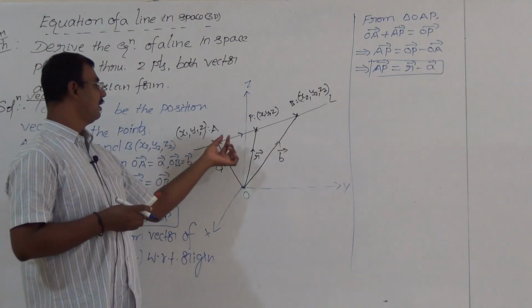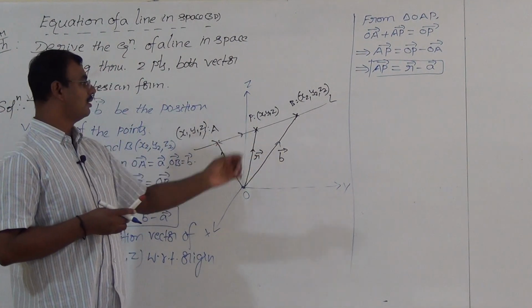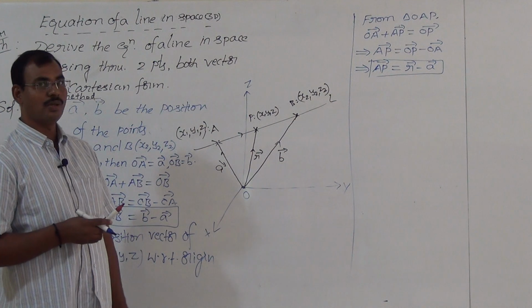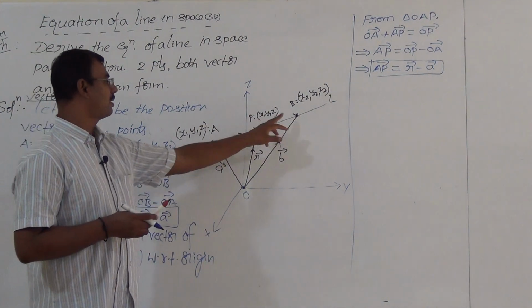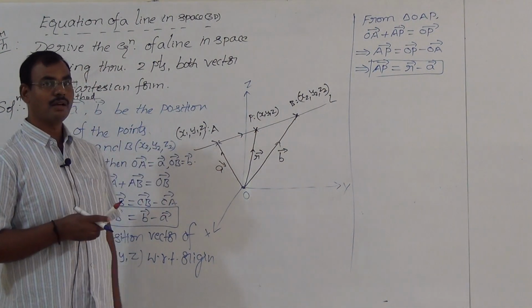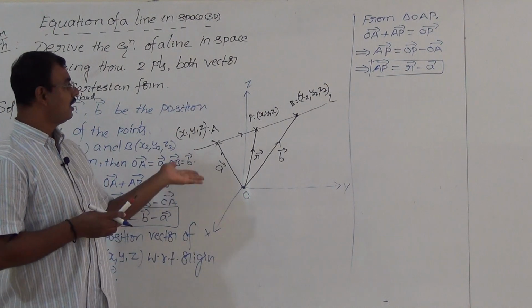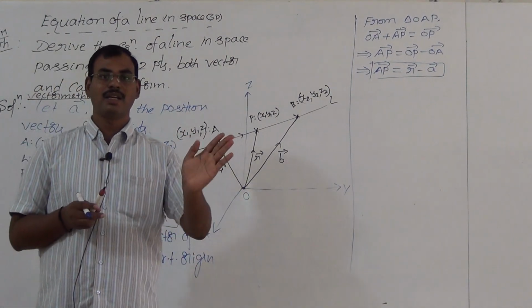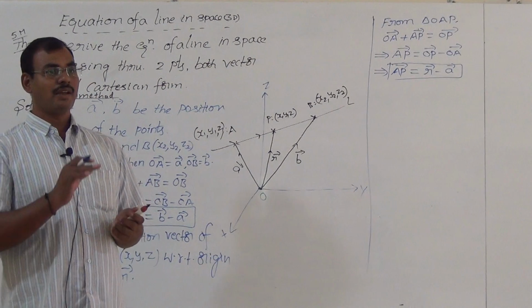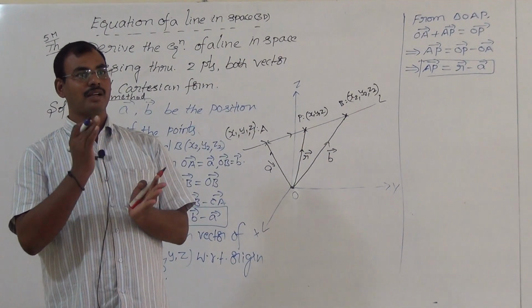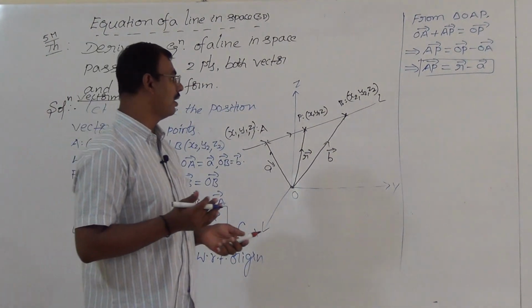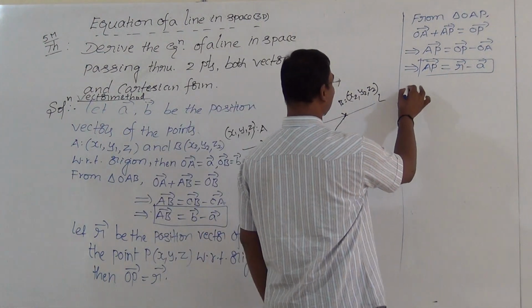It means that two vectors, AB vector and AP vector, are collinear. What is the condition? If two vectors are collinear, the two vectors are parallel. We know the condition.